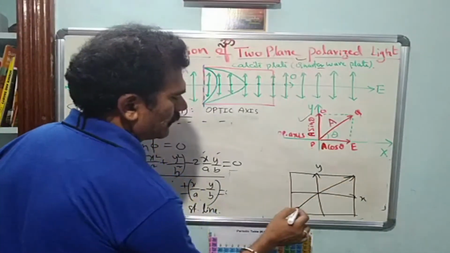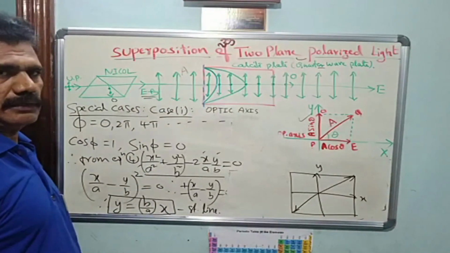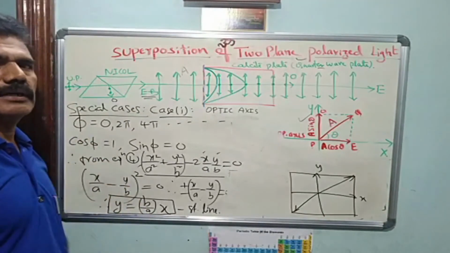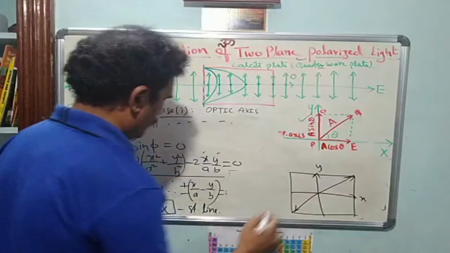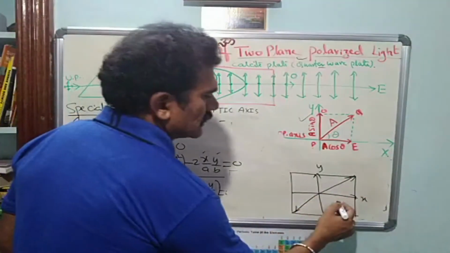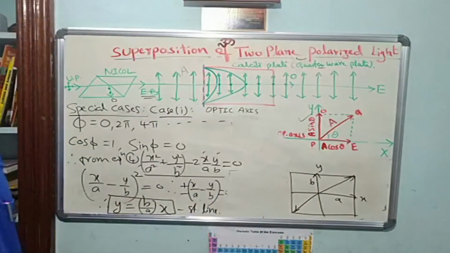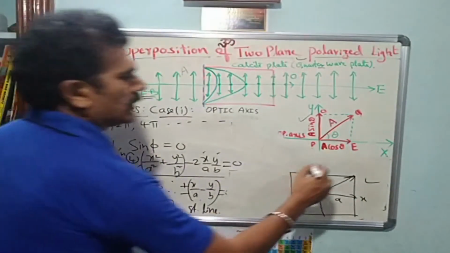You can consider it as a vibrating vector of the output. After superposition, what kind of wave are we getting? It is plane polarized light only, with the positive slope b by a, correct? Because along the x axis we have a, along the y axis we have b, so the slope must be b by a. So this is the first case, getting plane polarized light.